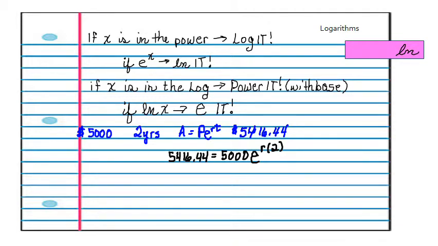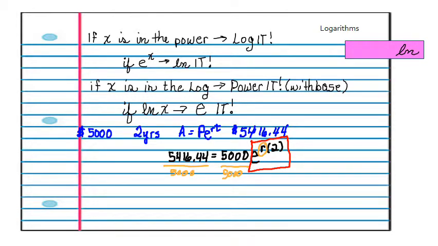So the first thing that we have to do is, again, get the exponential all by itself here, which is a natural base e. We notice that the r is in the power, so what we're going to have to do is log it, or in this case ln it, but before we do, we're going to have to isolate it, so we're going to divide both sides by the 5,000.